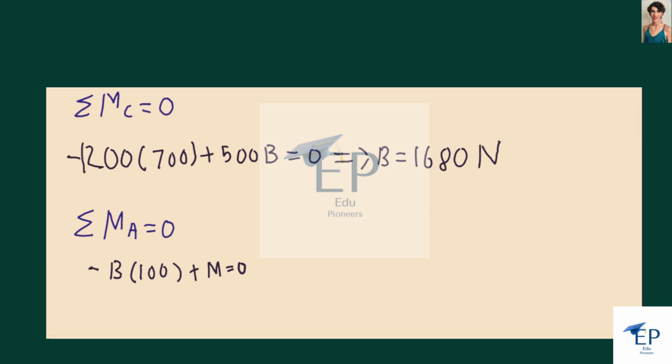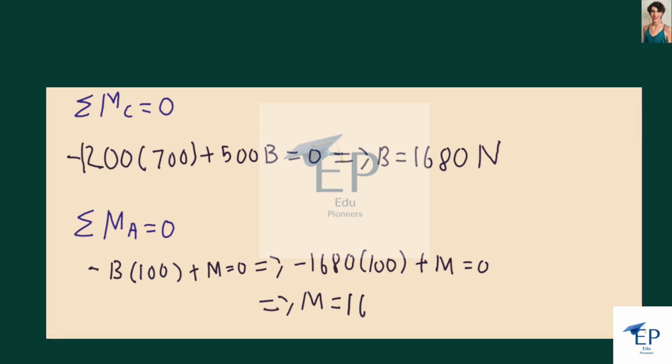And we know what B is, so we can plug in B, which will give us negative 1680 times 100 plus M is equal to 0. And solving for M, we get a value of 168 Newton meters. And this completes part A.